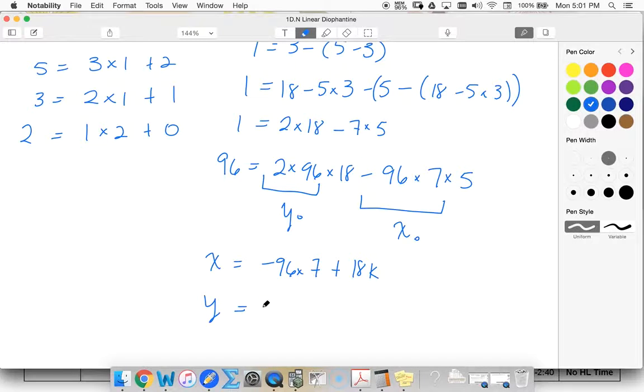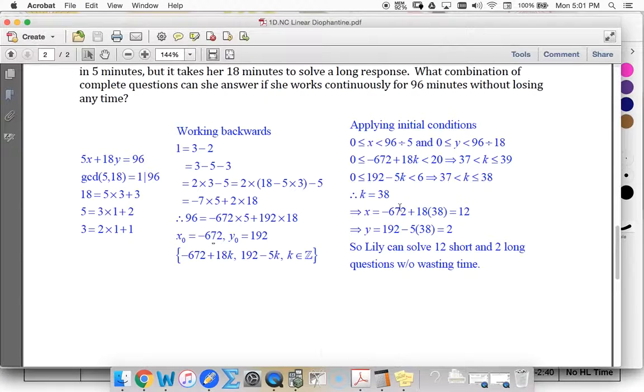My y value is going to be my particular y minus 5k. And now I want to go with my initial values. I know that I could spend all of my time working short questions or all of my time working long questions, which is how I developed my initial conditions over here.